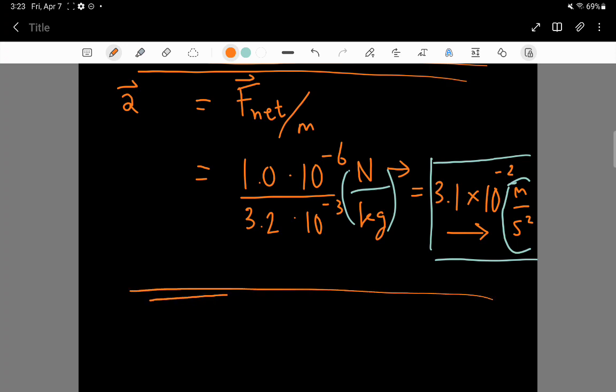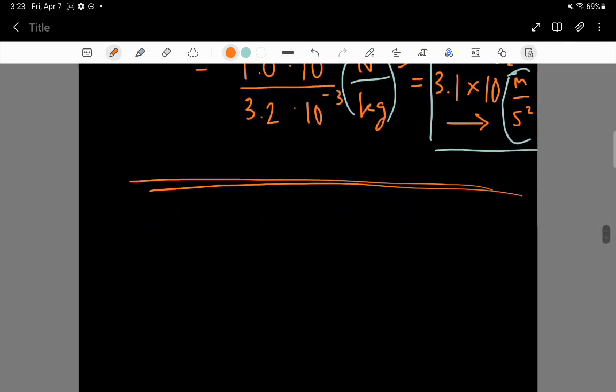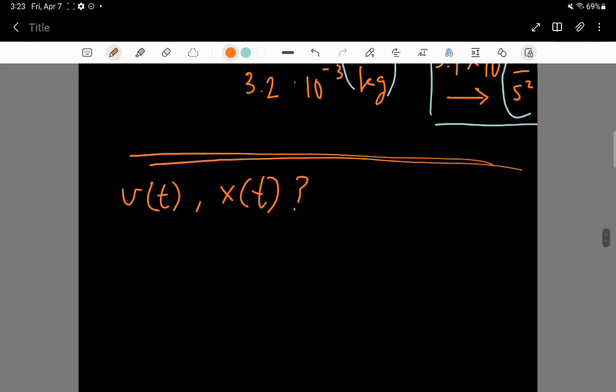Okay, so the next question is what are v of t and x of t? Those are the next pieces. So v of t is related to a of t by an integral, but I'm going to be very pedantic at this point.